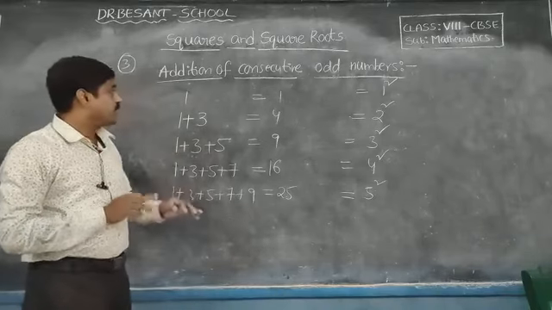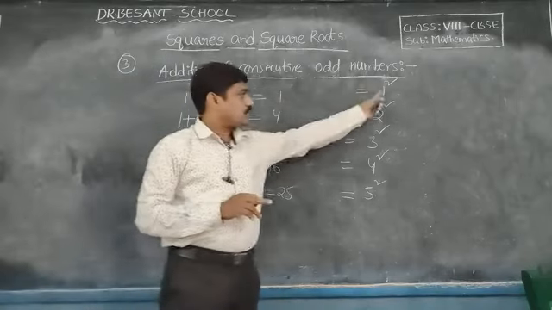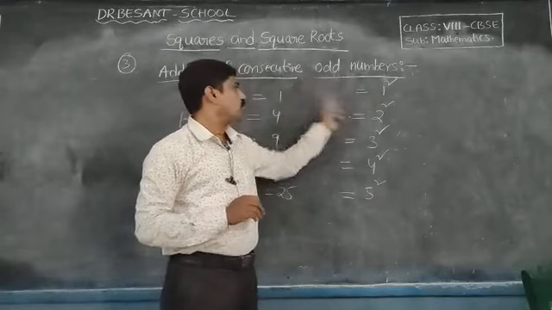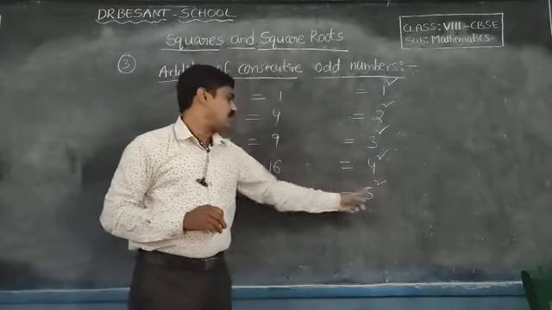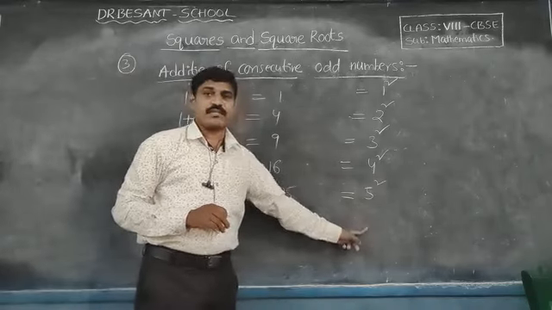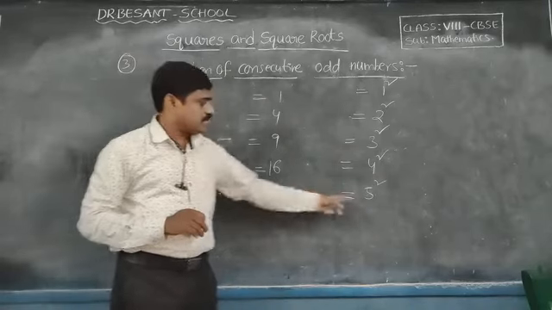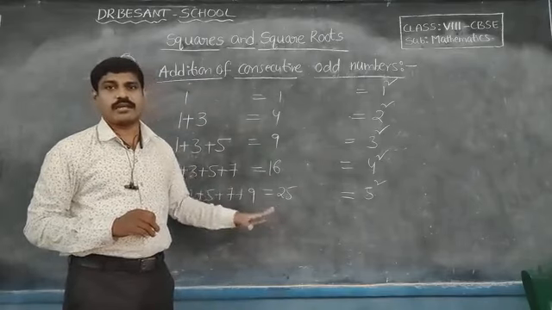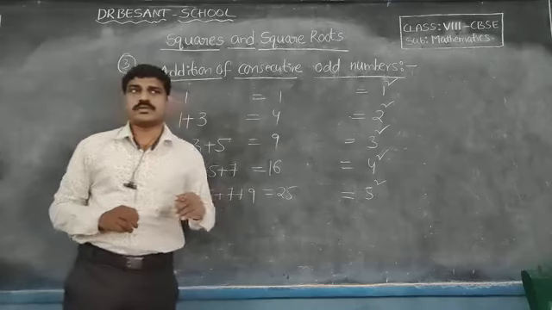The relation between the addition of consecutive odd numbers and square numbers: 1 square 1, 2 square 4, 3 square 9, 4 square 16, 5 square 25. Next, 6 square, then what is the sum? 36. Next, 7 square, what is the sum of consecutive odd numbers? 49. So like this we will get, so this pattern we have to observe.